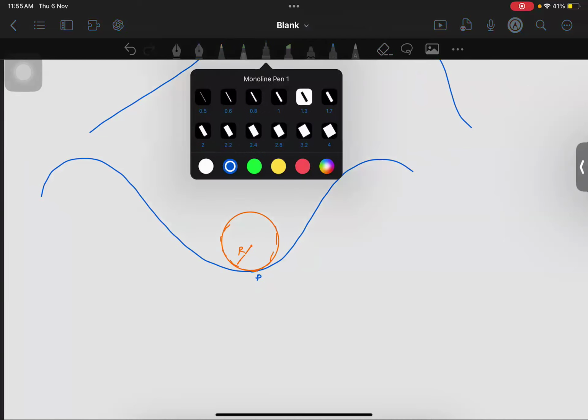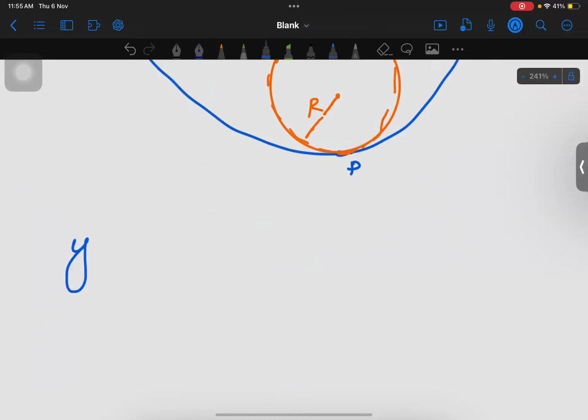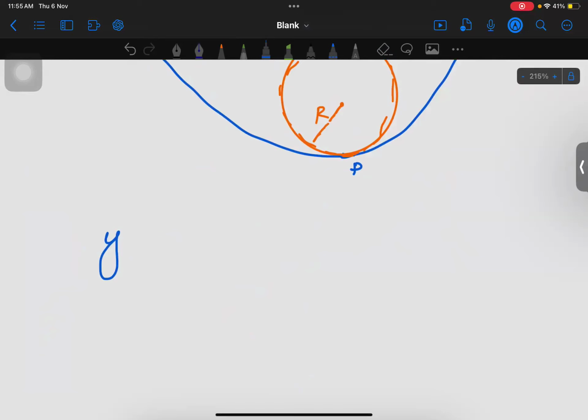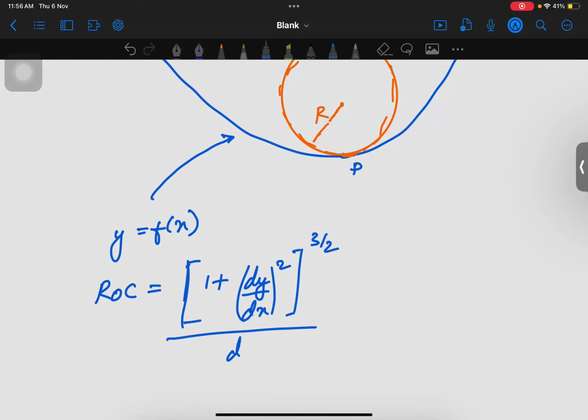Okay, how do you find it? Basically, there are two ways. One is that there is a proof for this one in circular motion, which you would have studied. Otherwise, please wait for that video to be uploaded. The radius of curvature at any particular location is given as 1 plus dy by dx whole square, entire thing to the power of 3 by 2, divided by the magnitude of d square y by dx square.